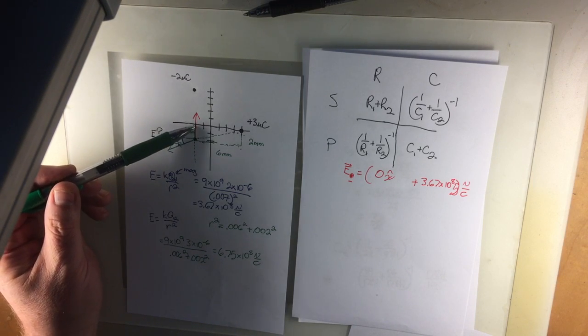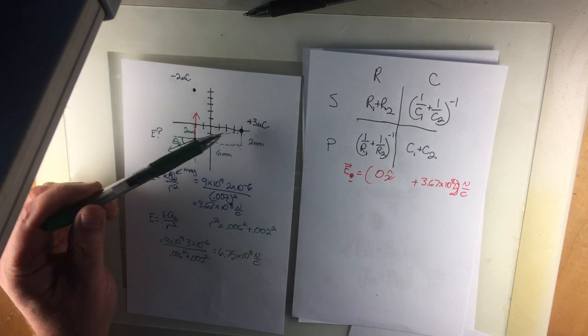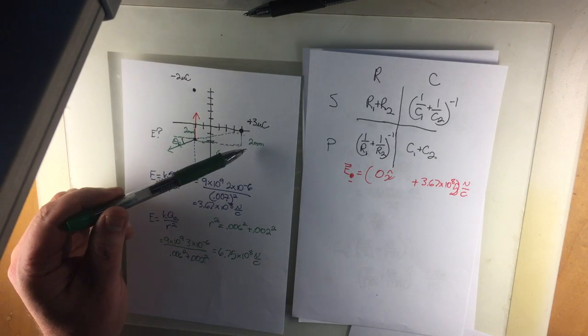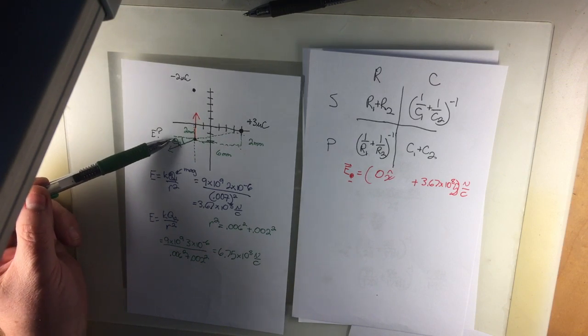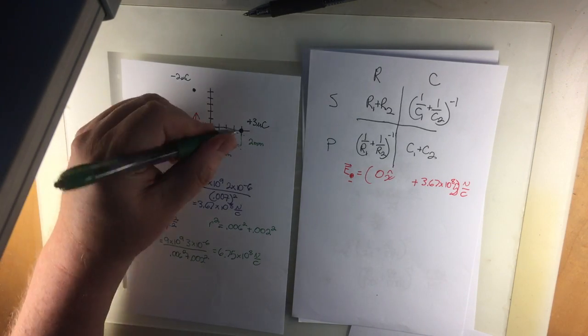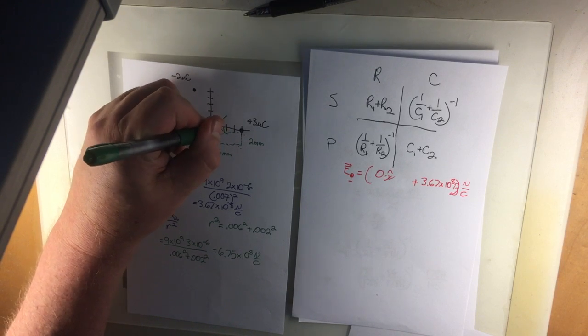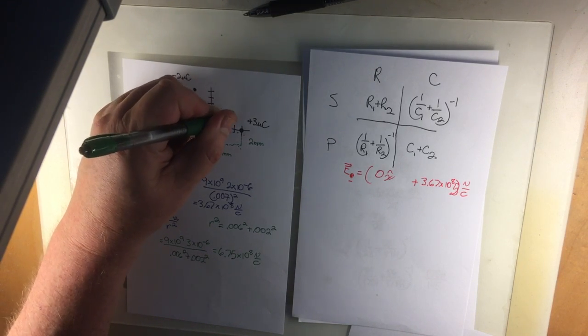The reason why I put the 2 over here is when you look at it, this is a parallel line, that is a parallel line. I need to know what that angle is. That angle is the equivalent to that angle right there.